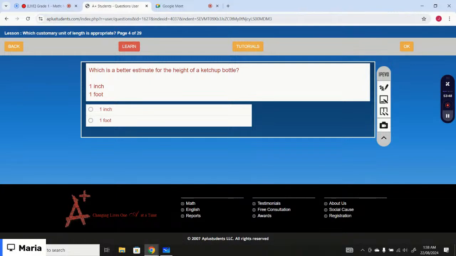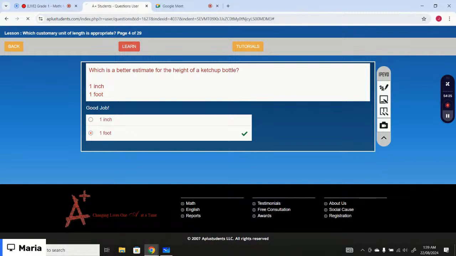So, which is the correct option? The correct option for the ketchup bottle is 1 foot, because 1 inch is too short for a ketchup bottle.